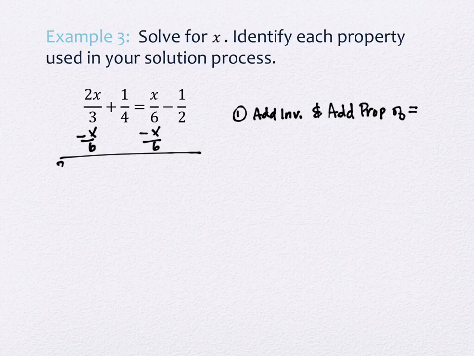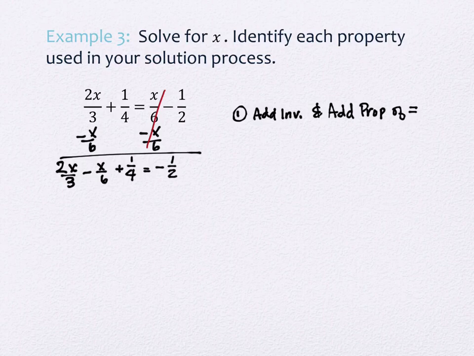And I have 2x over 3 minus x over 6 plus 1/4 equals negative 1/2. Those add to 0.